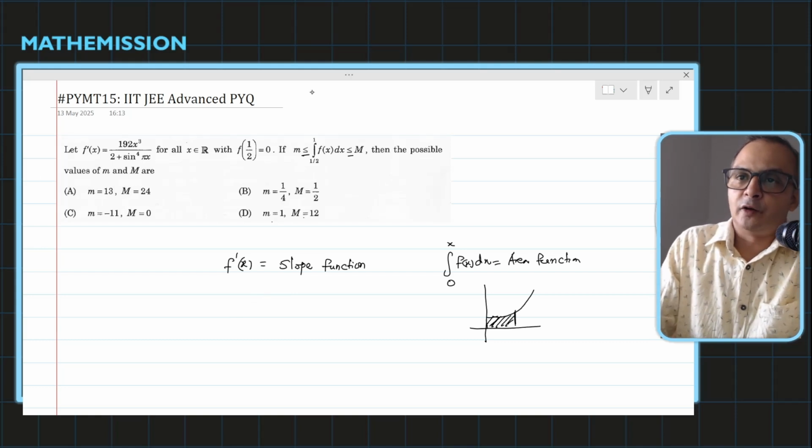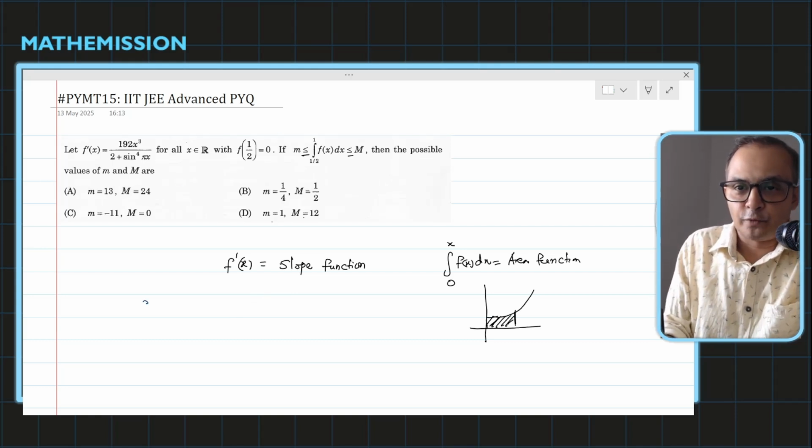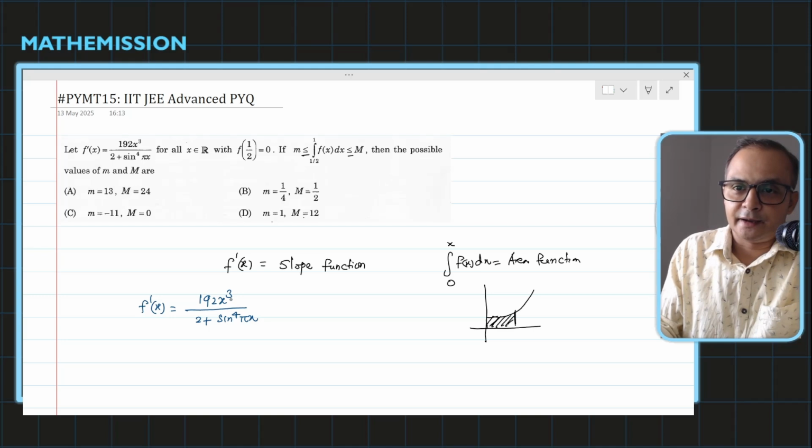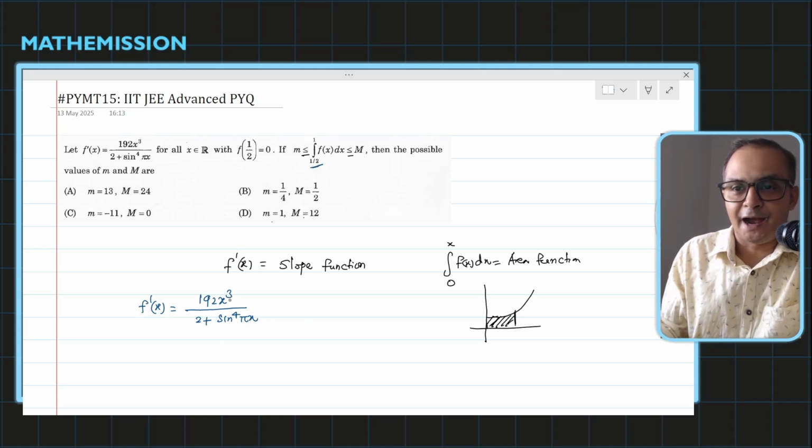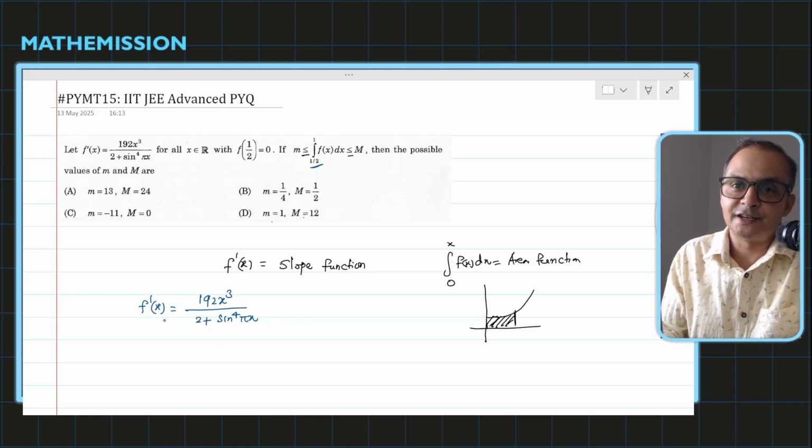Now observe this f dash x, the slope function. The f dash x I have given is 192 x cubed divided by 2 plus sine to the power 4 pi x. And in the interval they are asking, half to 1, this slope function is still increasing. How do we come to know?